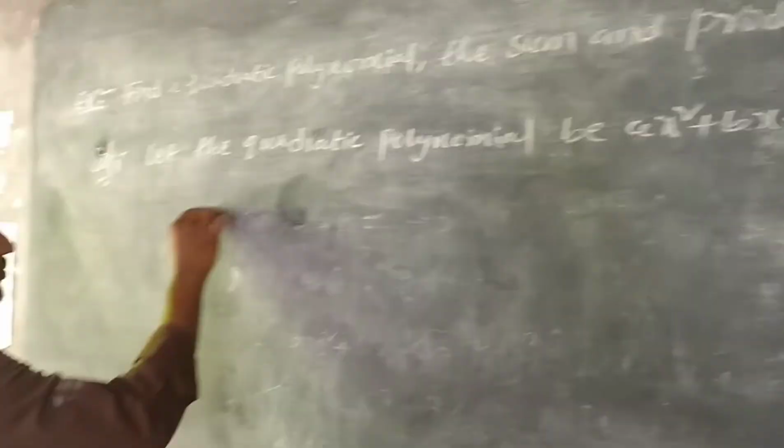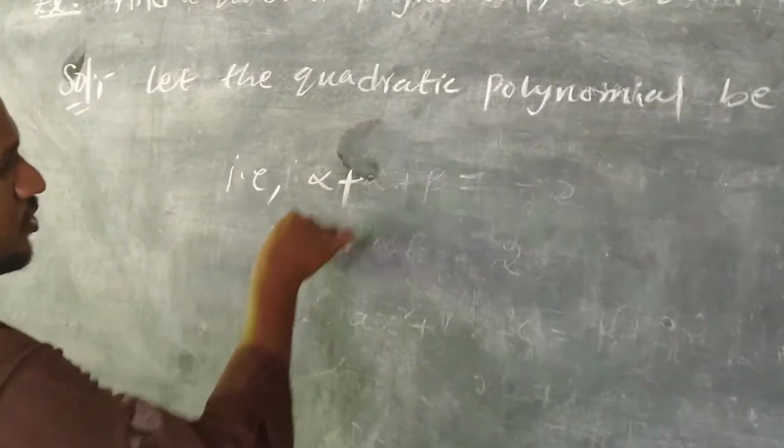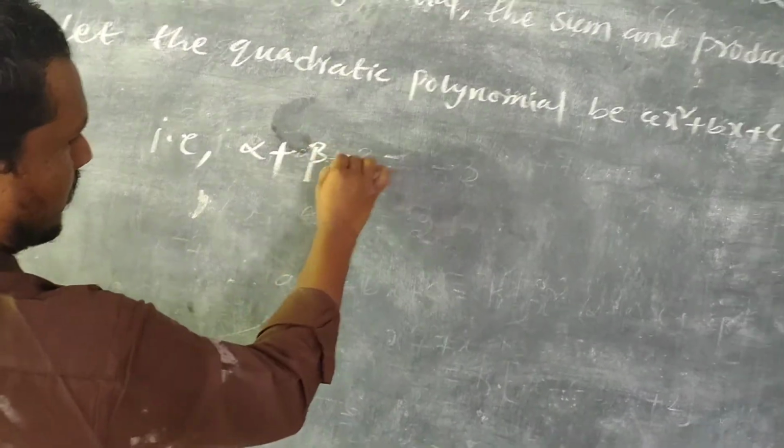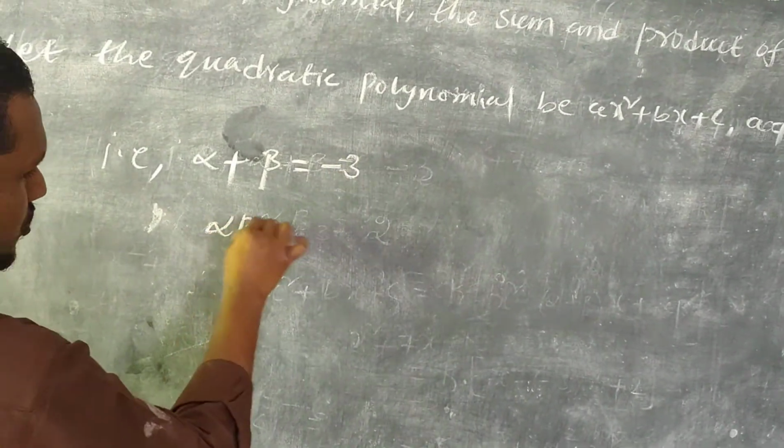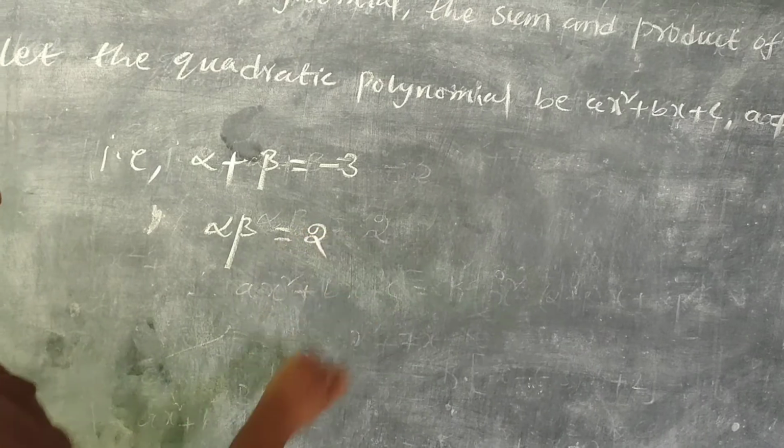That is, the sum of the zeros alpha plus beta is equal to -3. The product of the zeros is given as 2.